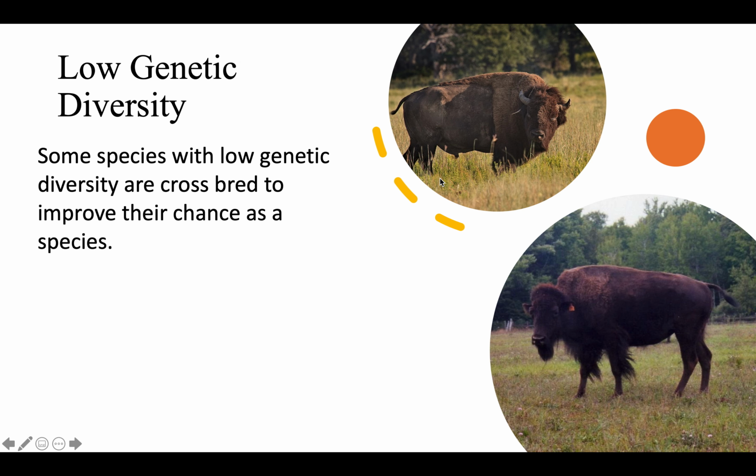So the genetic diversity was very low in the bison that were remaining. Most of the bison that were left were crossed with cattle, and they were able to raise the population, and they were able to prevent inbreeding in the population and improve the overall health of the herd.